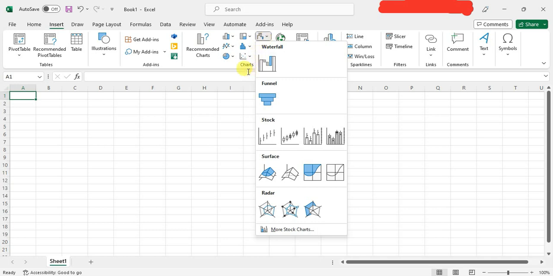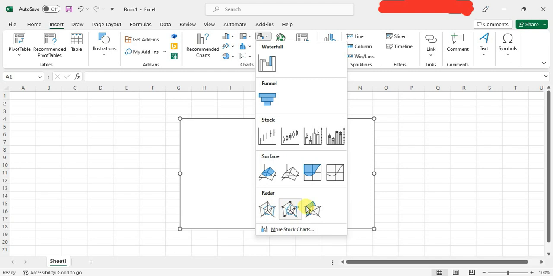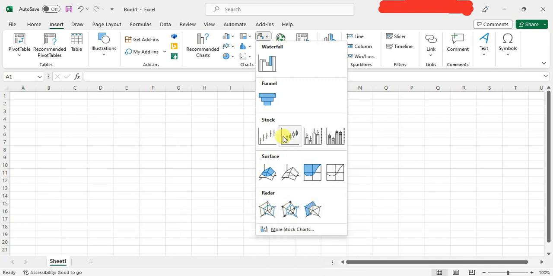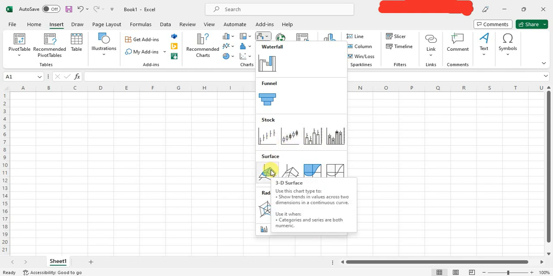Radar charts, also known as spider charts, display data points along multiple axes that radiate from a central point. They are useful for comparing multiple data series with different variables. Stock chart. Stock charts are specifically designed for financial data, often used to show stock prices over time. They include high, low, open, and close values.